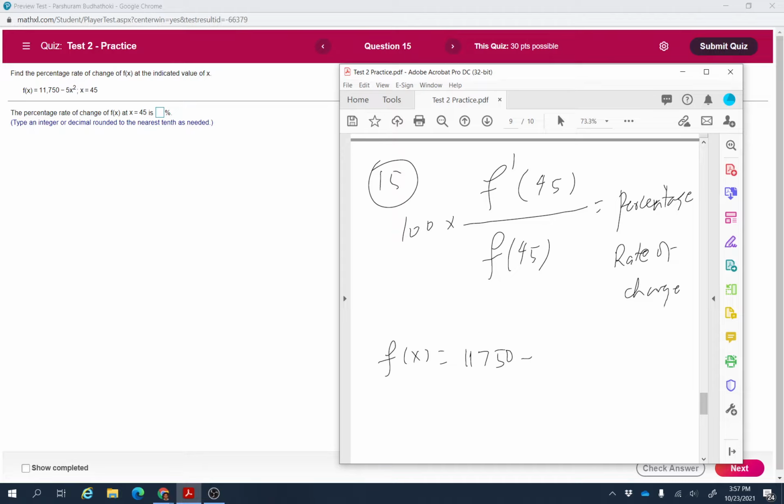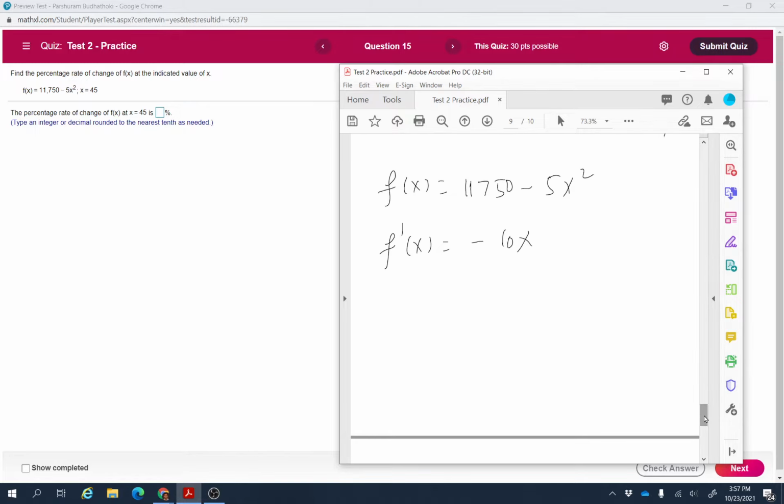11,750 minus 5x squared, and its derivative is -10x. Now we just have to find out the value of the function at 45 and then derivative at 45.